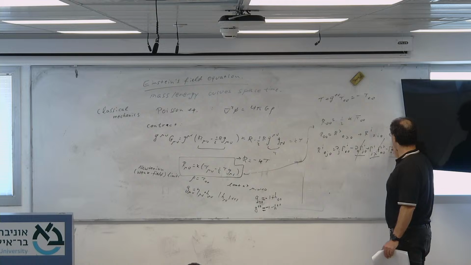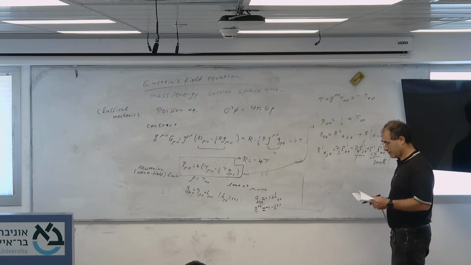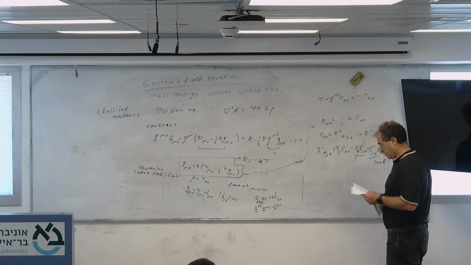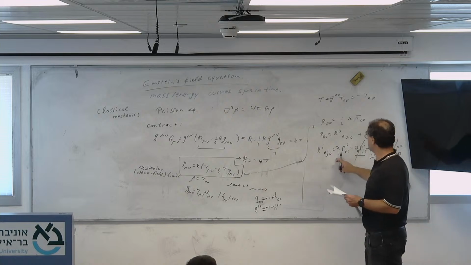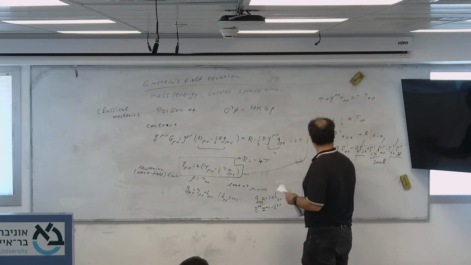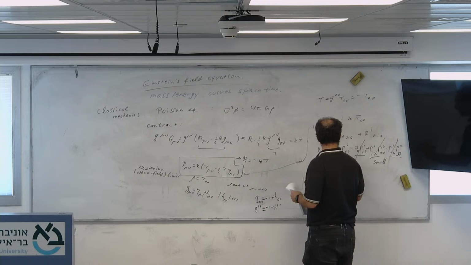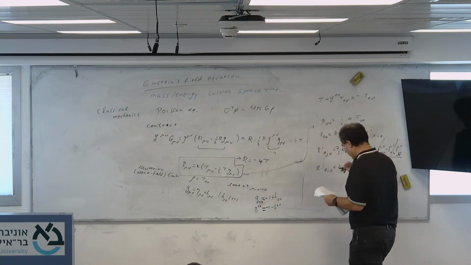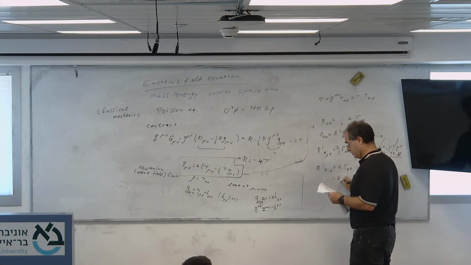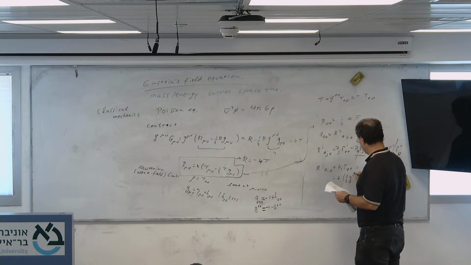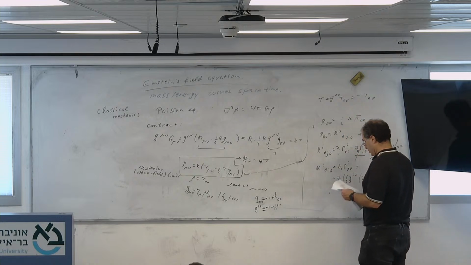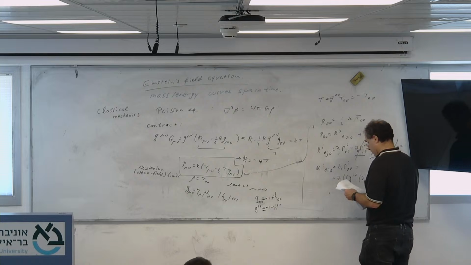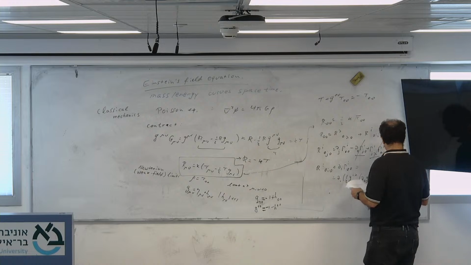So I can neglect these as well. So what we really care about is that part here, and so we have R i0 is d_i gamma i00, which is d_i 1/2 g i lambda (d_0 g lambda 0 plus d_0 g 0 lambda minus d_lambda g00).